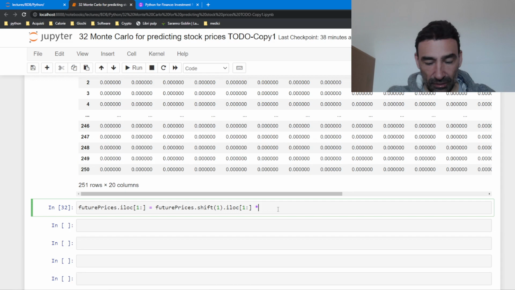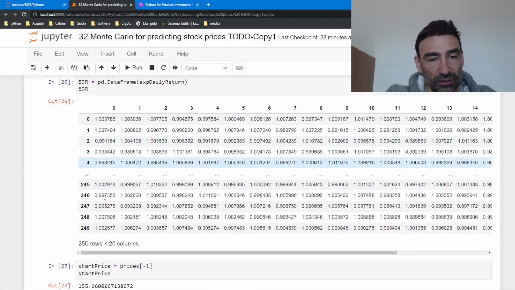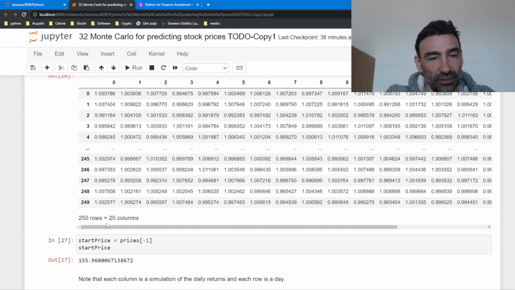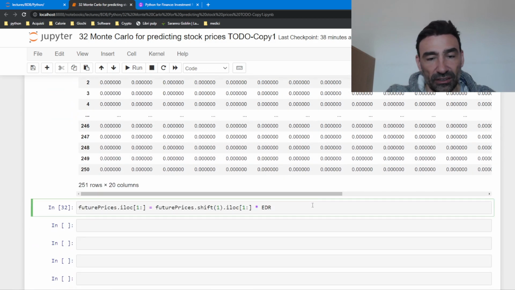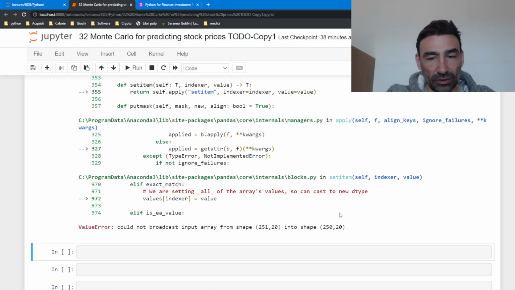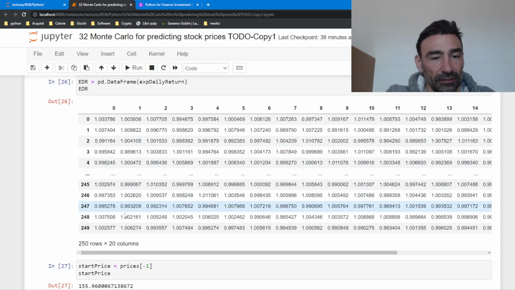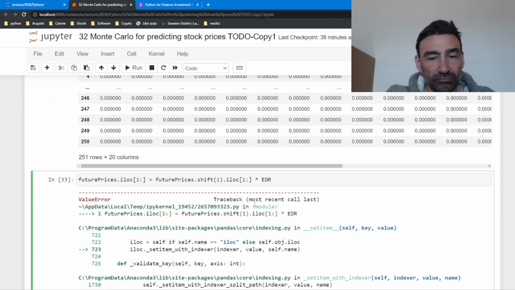Multiply by EDR, which is this one. This one has exactly 250 rows, so it's exactly like that. Let's see whether it works. Okay, it doesn't work. Why? EDR has exactly 250 rows. Do I have to put iloc also here?